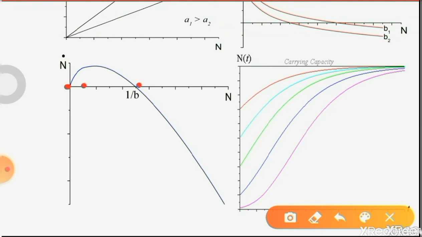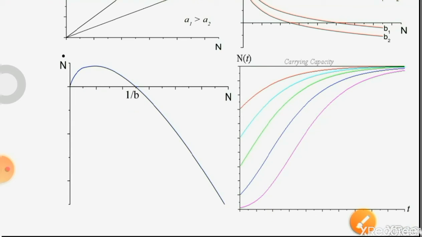From this point up to the maximum value of n dot, n(t) will grow faster and faster, and then the growth of n(t) will be slower, but it will reach a value of 1/b after a long time.